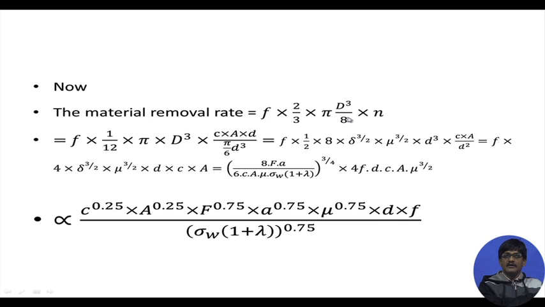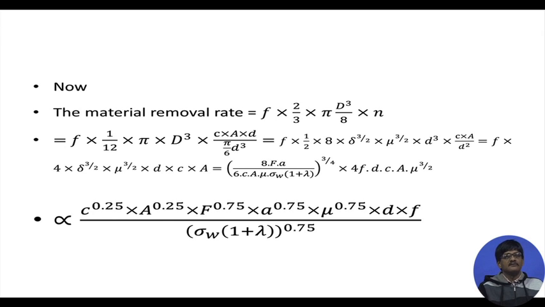That's good. Into the number of abrasives which are taking part, into the frequency, because so many times per second this material is getting removed, and therefore by simplification we get f into 1 by 12 into pi into d cube, and n we have already computed it to be, if you remember, c into a into d divided by pi by 6 into d cube.